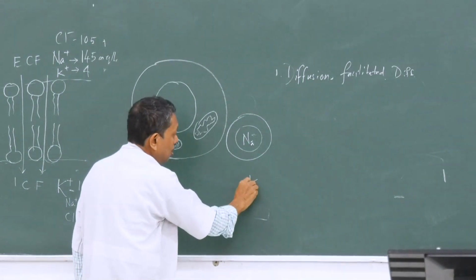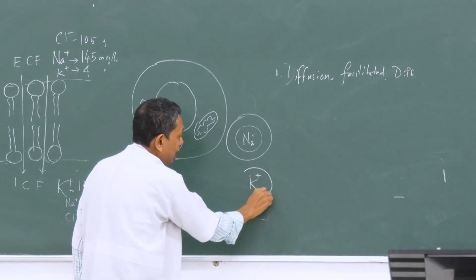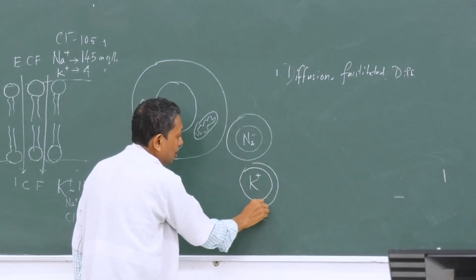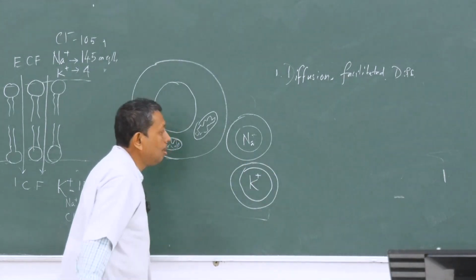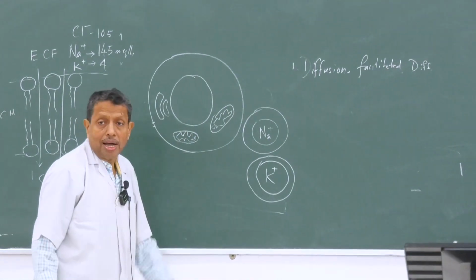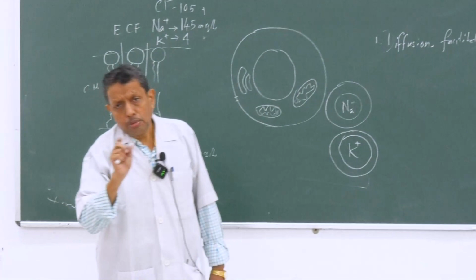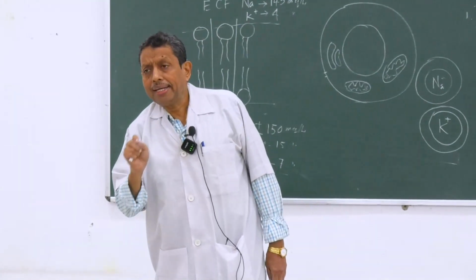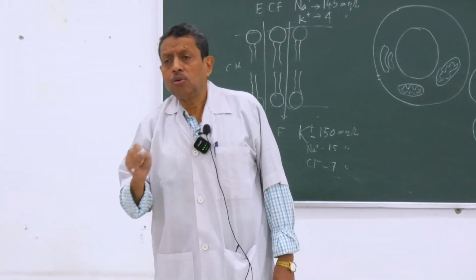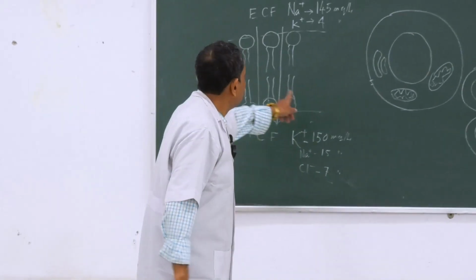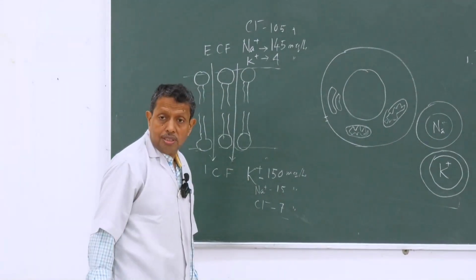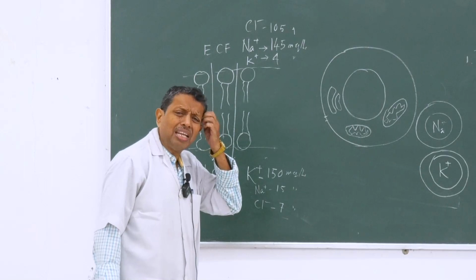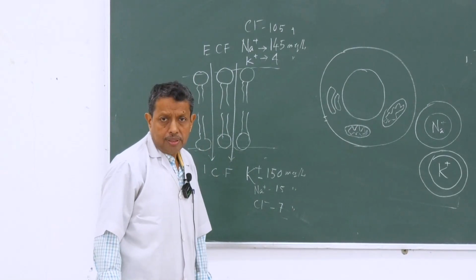Potassium ion also has some hydration shell. So hydrated forms are relatively bulky, and they do not traverse through this interstitial space. So they require some other pathway.